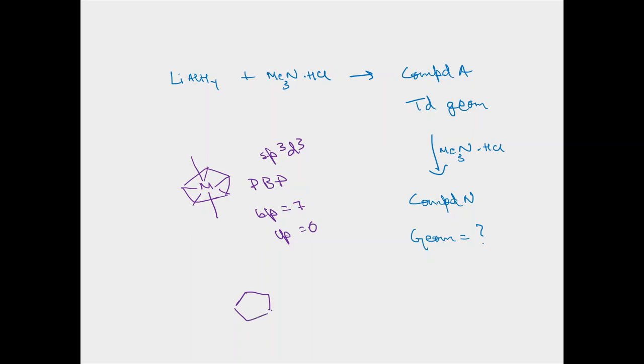When there is no ligand in these two places, we have two lone pairs and five bond pairs. In that case, we will get a pentagonal shape, but the geometry will be pentagonal bipyramidal only.